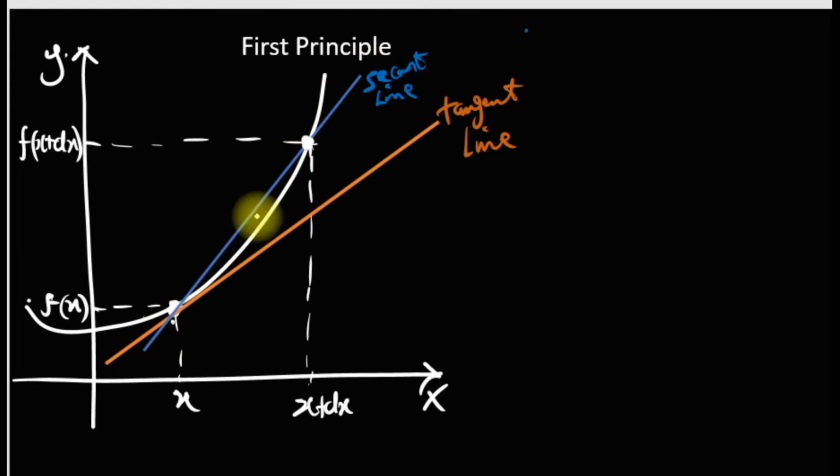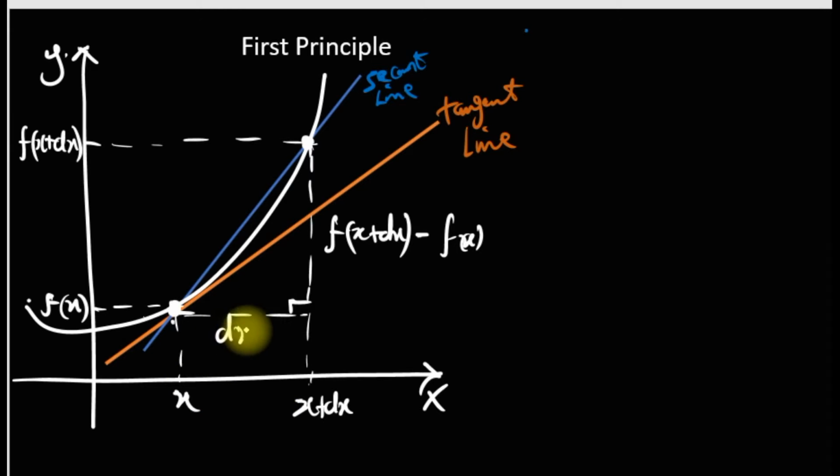So we introduce the secant line. With that, we form a right angle triangle such that the change in y is now f of x plus dx minus f of x, and the change in x, this minus this, is dx.